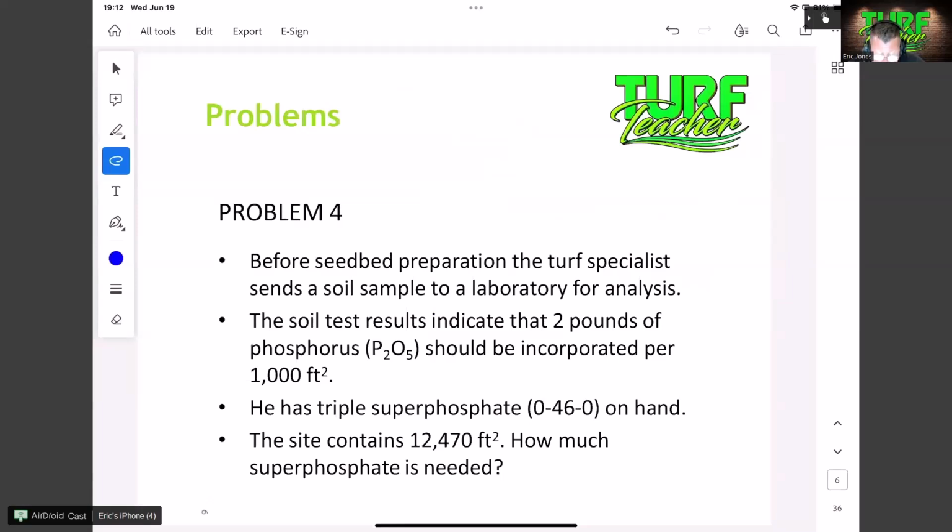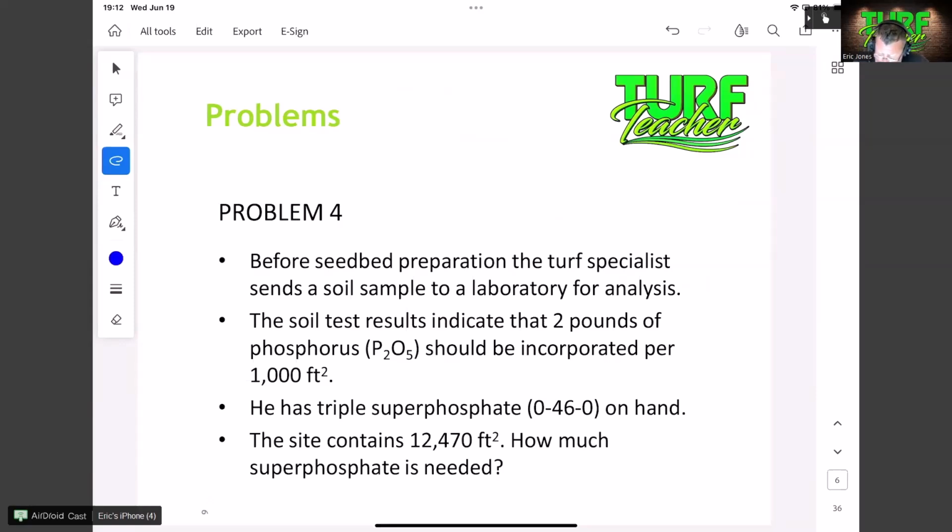Problem number 4. Before seedbed preparation, the turf specialist sends a soil sample to a laboratory for analysis. The soil test results indicate that 2 pounds of phosphorus should be incorporated per 1,000. He has a triple superphosphate 0-46-0 on hand. The site contains 12,470 square feet. How much superphosphate is needed?